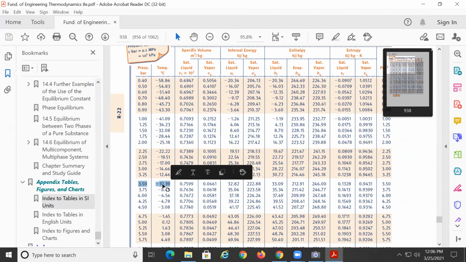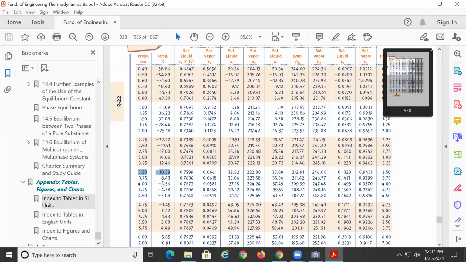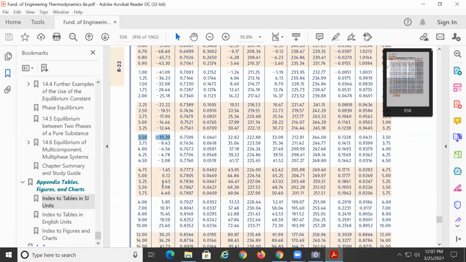Minus 10. What do we have over here? Minus 5. Okay, let's look at the other one and see what that would mean. And then at 14, it is 36, and we have 75.